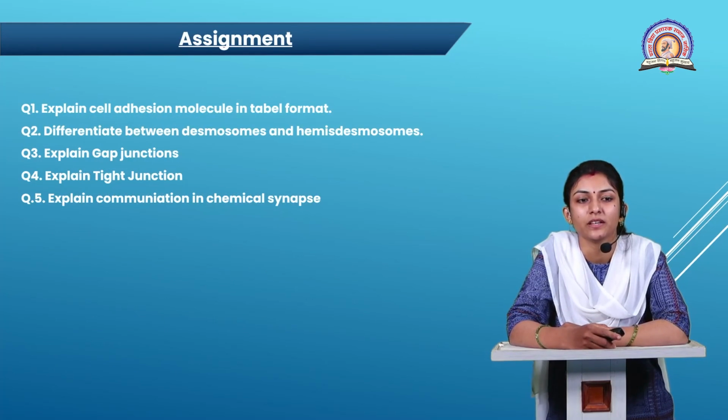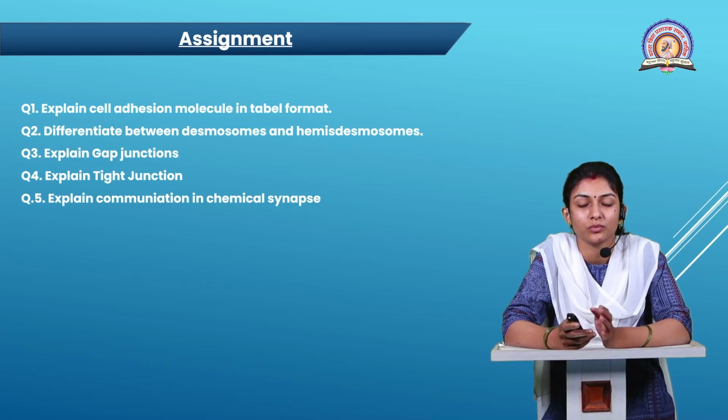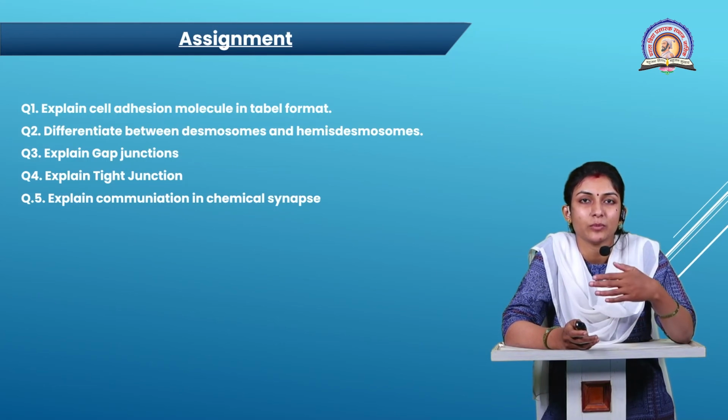So for the assignment, there are different types of questions which you have to study. Explain cell adhesion molecules in a table format, meaning you have to form a table: integrin, selectin, immunoglobulin superfamily, and cadherin.